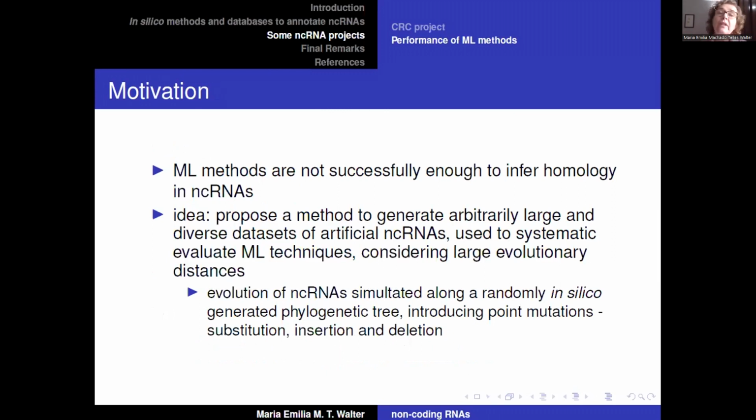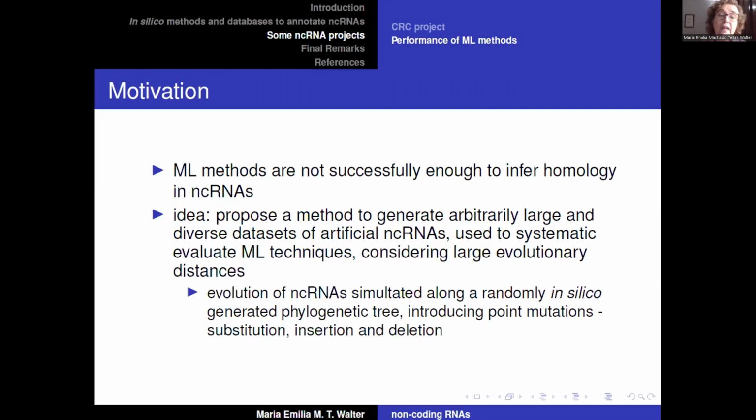We wanted to investigate the performance of machine learning methods. They produce good results, but sometimes they are not very good at inferring homology in non-coding RNAs. Here the idea is to propose a method to generate arbitrarily large and diverse data sets of artificial non-coding RNAs, and we used this to systematically evaluate these machine learning techniques, mostly considering large evolutionary distances.